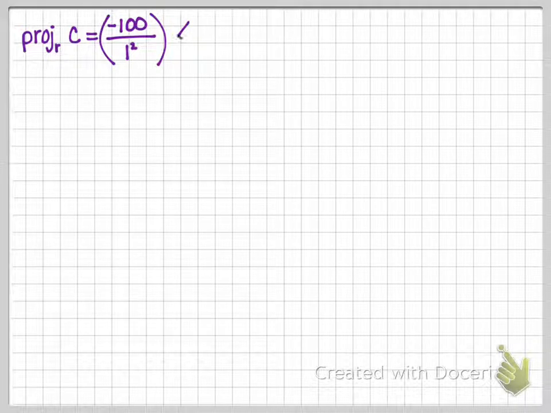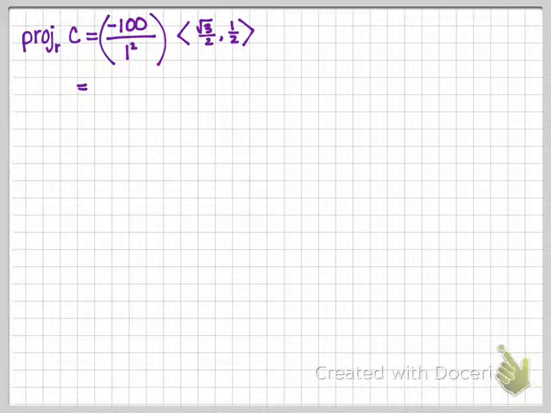So when I project my cart onto the ramp, I've got negative 100 on top, over my magnitude, which is 1, and then I'll square it. And then once I simplify that, I will distribute through on my ramp vector, which is square root 3 over 2, 1/2. So 1 squared is 1.